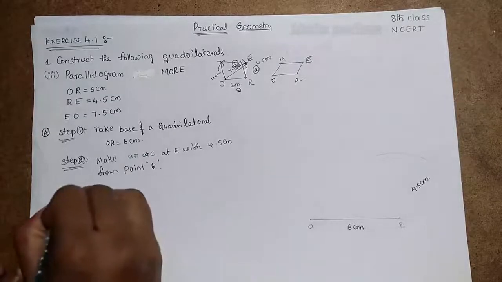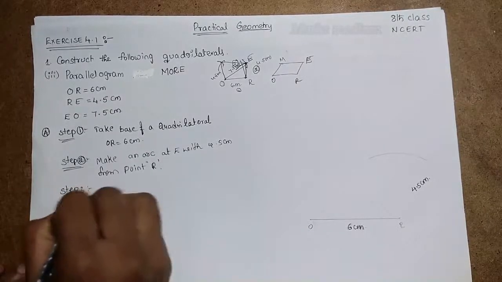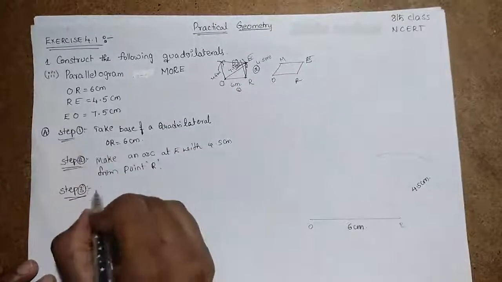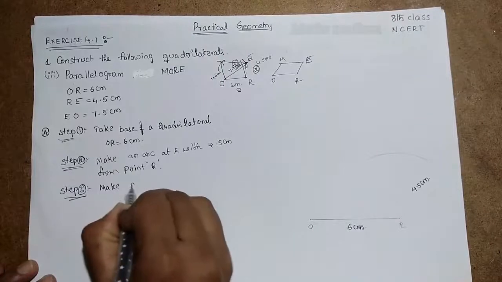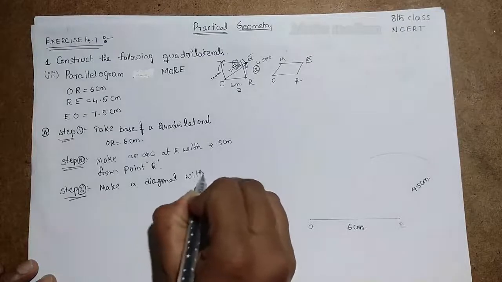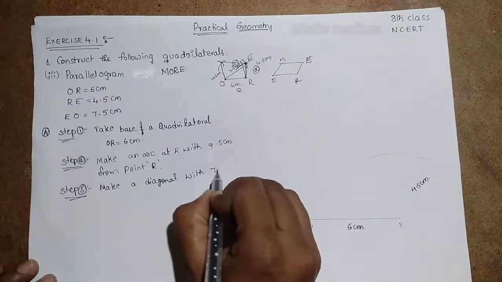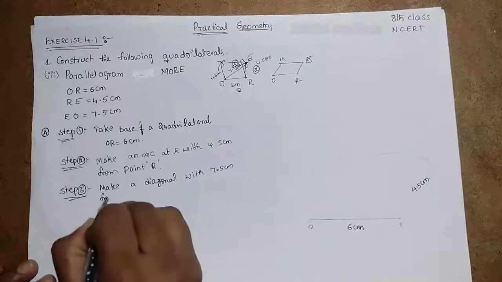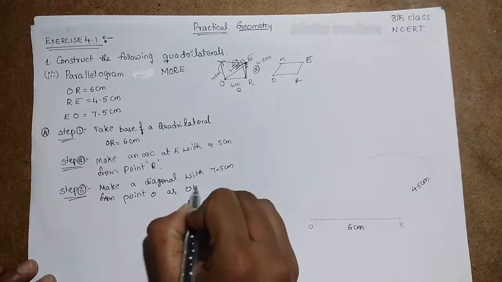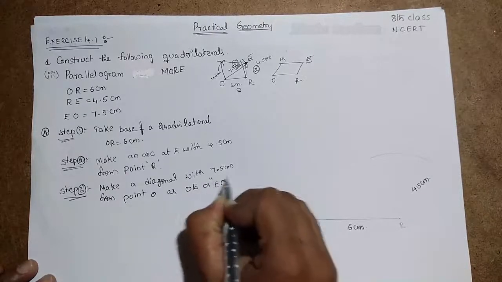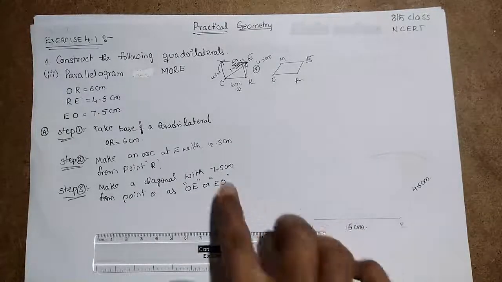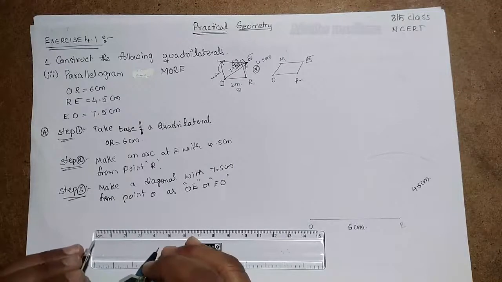Next, coming to step 3. Here in step 3 we take the diagonal, that is OE, as given. So make a diagonal of 7.5 centimeters from point O, as OE or EO. Now take the compass and make 7.5 centimeters.